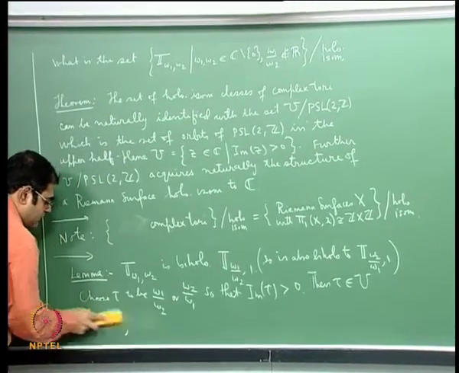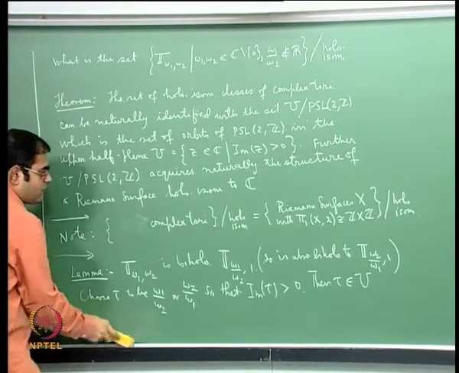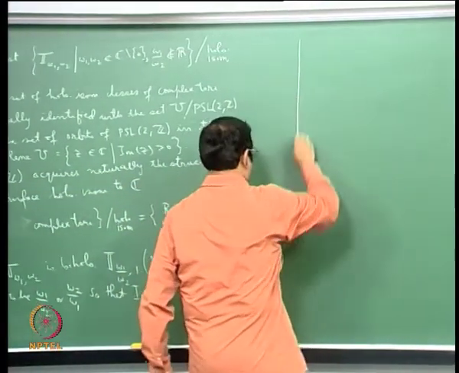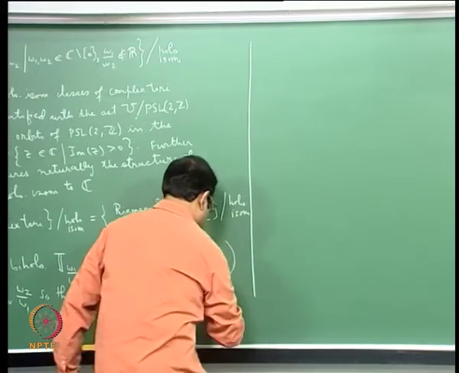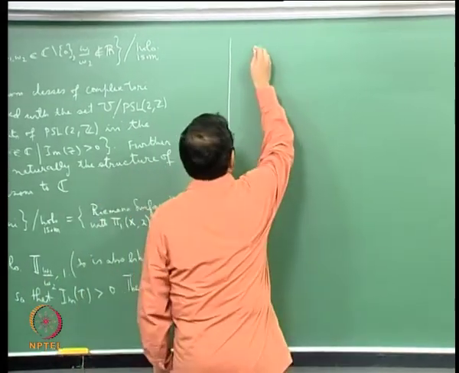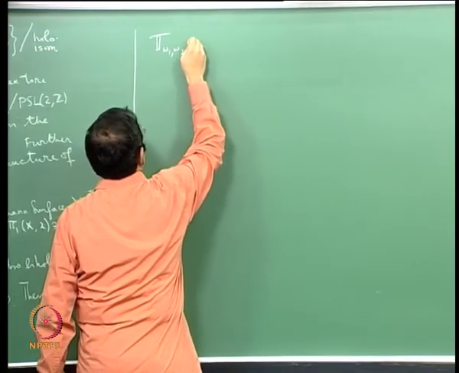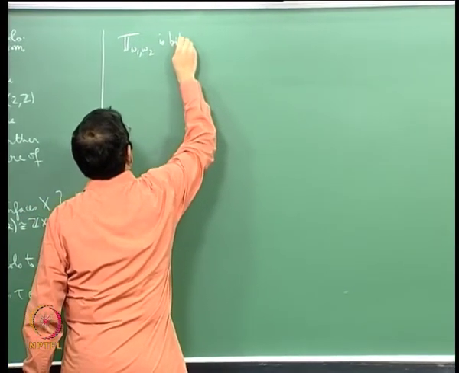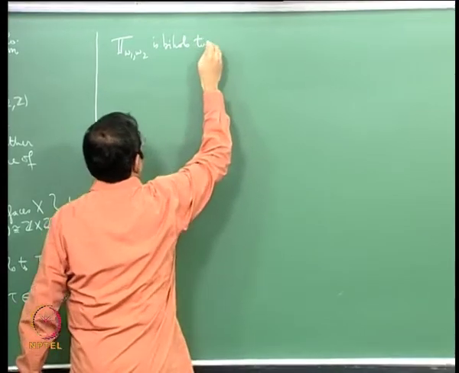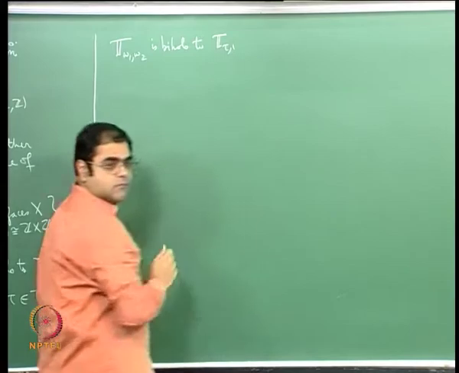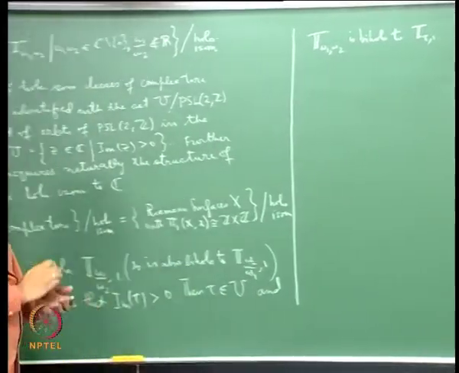Then tau belongs to U, and the torus T omega 1 omega 2 is biholomorphic to T tau comma 1.